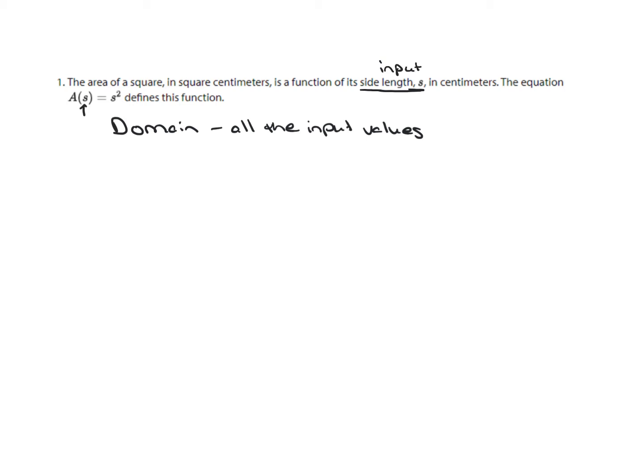So when we think about the lengths of a side of a square, what kind of numbers could we have? Okay. Can they be positive? Can they be negative? Can they be fractions? Can they be decimals? Can it be zero? Okay. In this case, our domain would be all positive numbers.